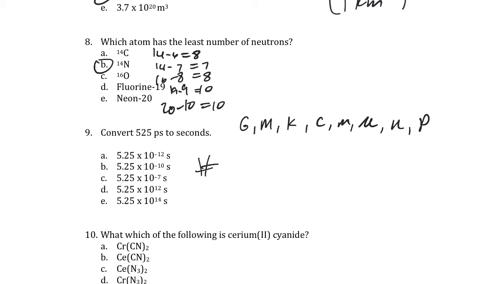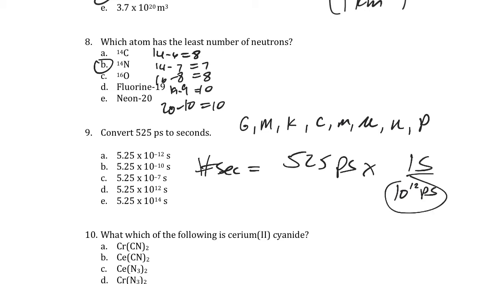So the number of seconds here would be equal to 525 picoseconds times, 10 to the 12 picoseconds are in 1 second. So a second has a whole lot of the small thing in it. And so you might just remember minus 3, minus 6, minus 9, minus 12 in terms of the conversion.